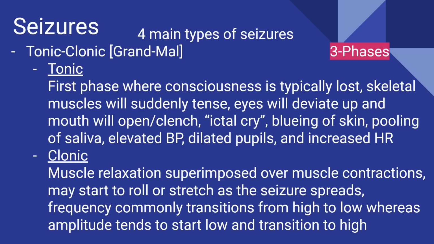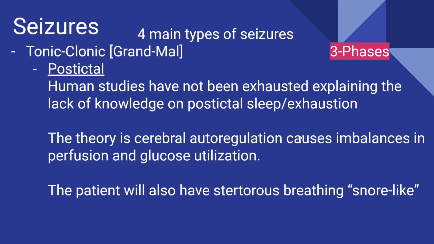We usually see the actual shaking phase, the clonic phase. And then after they've exhausted this, or we've intervened in the seizure, and we'll go through the medications to intervene, they'll talk about a post-ictal phase.